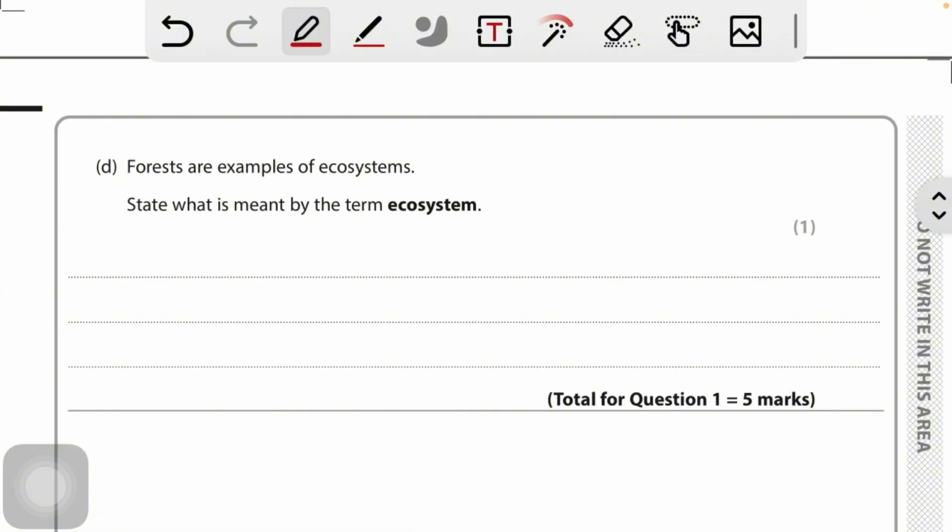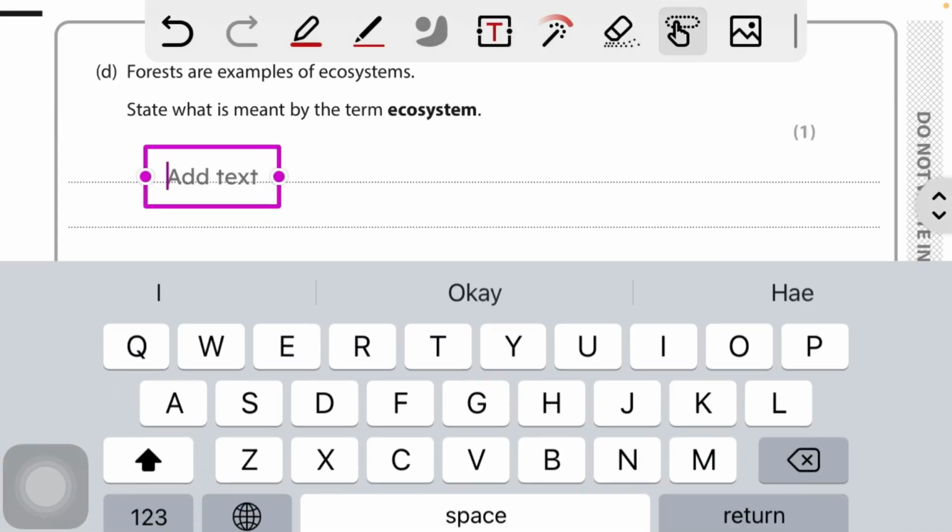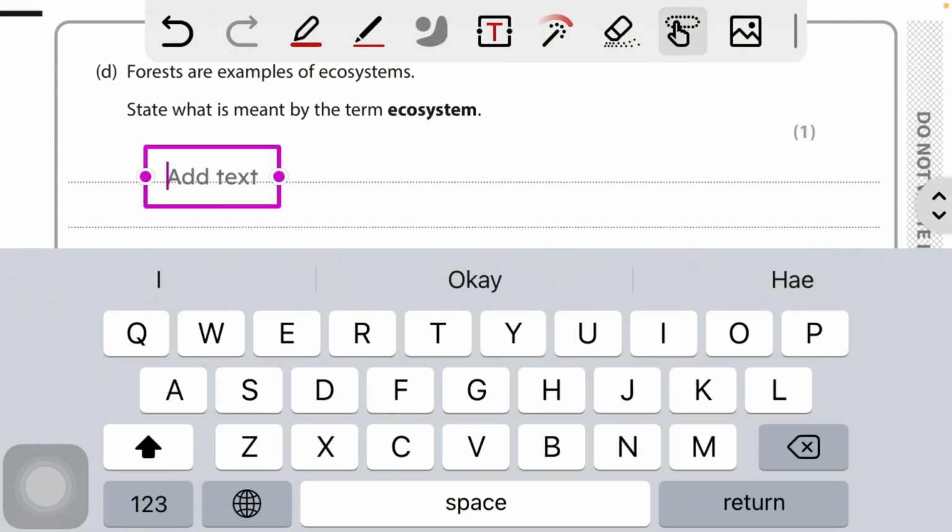Ecosystem is a community of living organisms, like, for example, plants and animals and microorganisms, where they interact with each other and with the non-living things in the environment. Okay, like for example, air, water, soil in a specific area that is known as an ecosystem. Okay, so for one more question, this definition is enough.